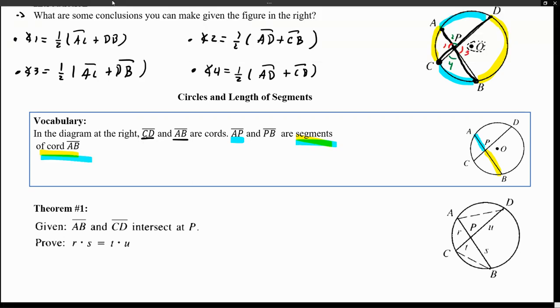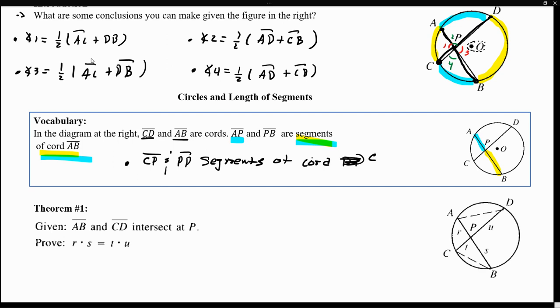We can also say the same about CP, this little piece right here, and PD. They are segments of the chord CD. Segments just mean a little piece of, so we are just looking at a little portion of the overall chord.